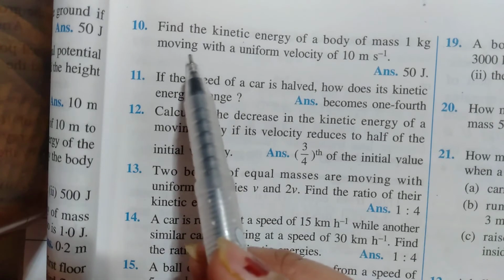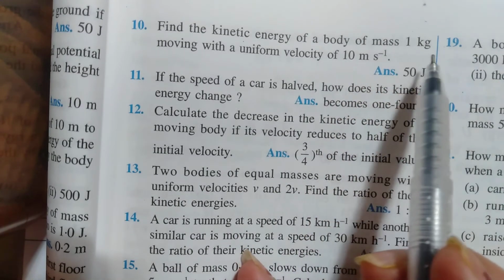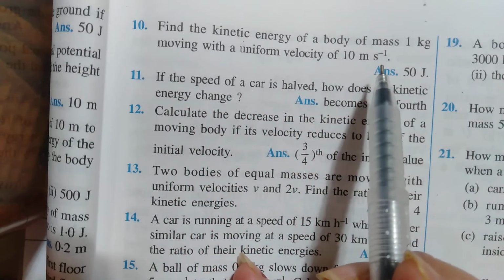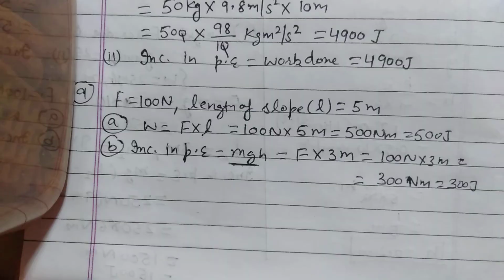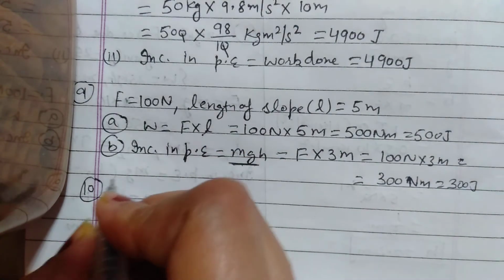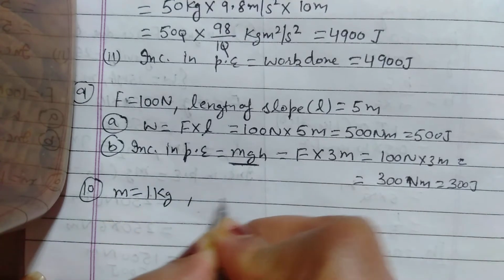Next, the 10th question is: find the kinetic energy of a body of mass 1 kilogram moving with a uniform velocity of 10 meter per second. It is a very simple question, if you remember the formula of kinetic energy. Mass of the body is given to us as 1 kilogram.